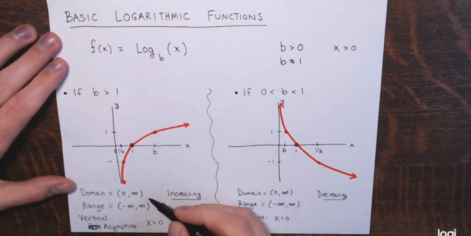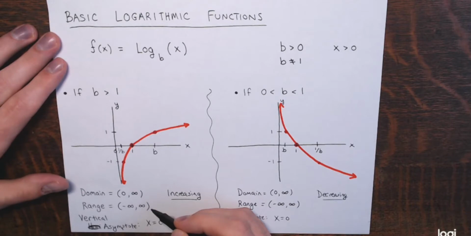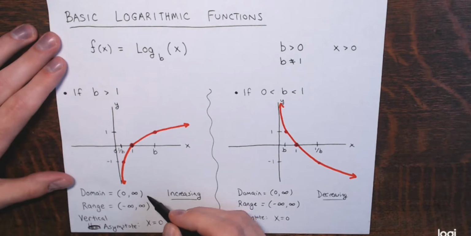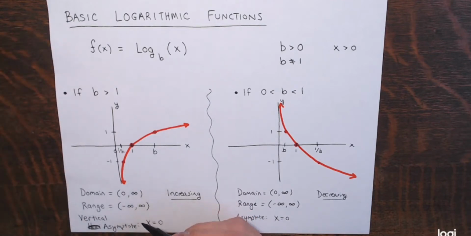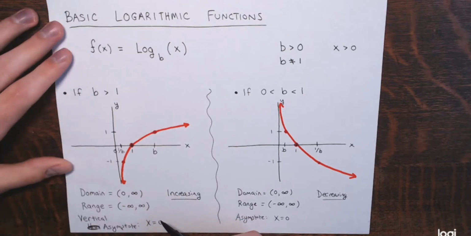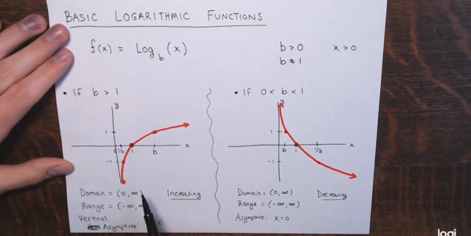And as I said earlier, right, logarithmic functions and exponential functions are inverses. So the domain and range will switch, right? Hopefully you recall, for an exponential function, b to the x, this was switched, right? The domain was all real numbers and the range was positive numbers. And then instead of having a horizontal asymptote like the exponential functions had, we have a vertical asymptote, right?